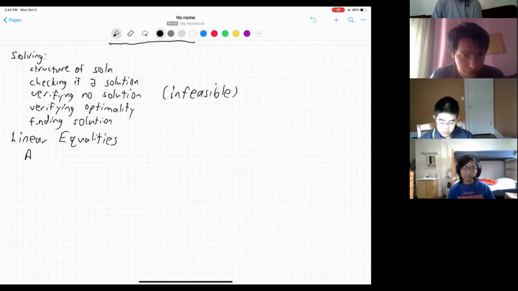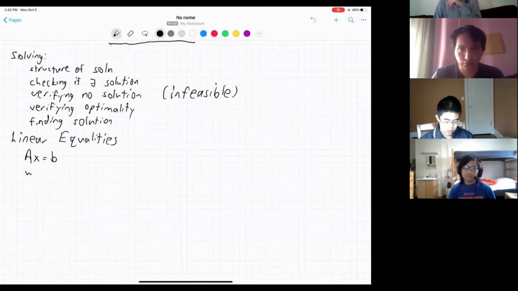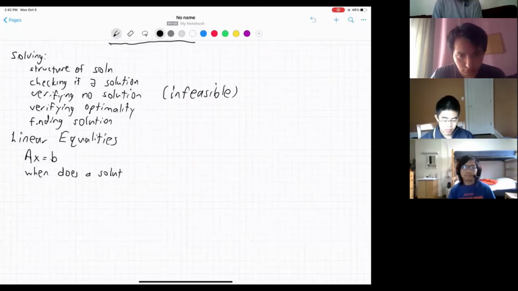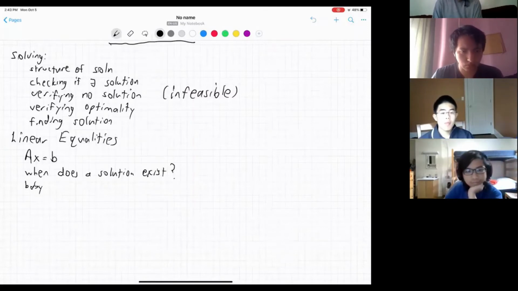So suppose that we're given a linear system of the form Ax equals b. And let's talk about the structure of a solution, and in particular, when does one exist? Okay, and let's start by asking the baby case of a square matrix.